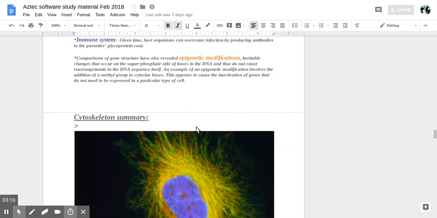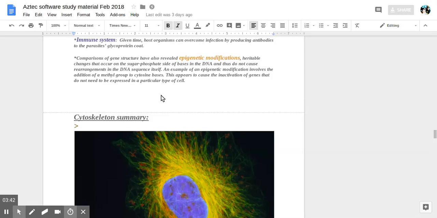Whatever protein is on the outside, on the coat of the membrane, these antibodies can bind that protein and clear your body of that protein that you don't want.